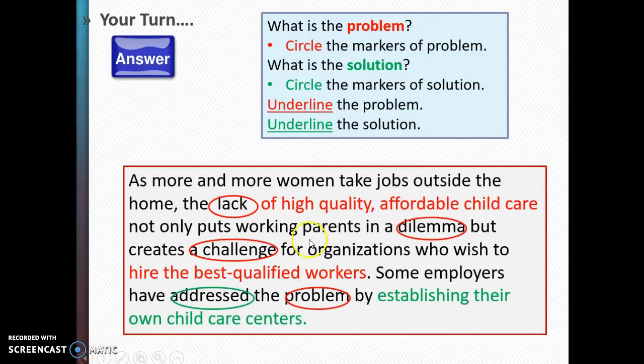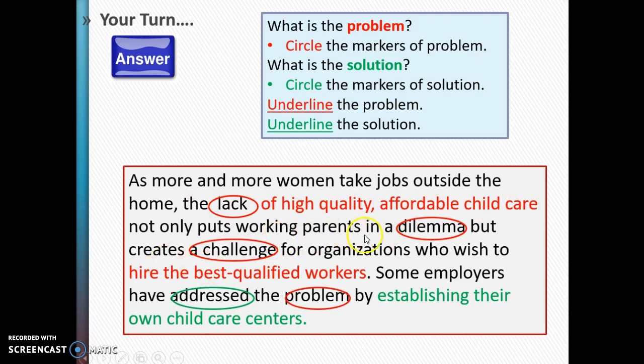And if we look here, we see the word lack, dilemma, challenge, problem. All of those are problems, and I've circled them in red. You might want to use this color coding yourself. Red for a problem, green for a solution. So we can see what is the lack of high-quality, affordable child care.